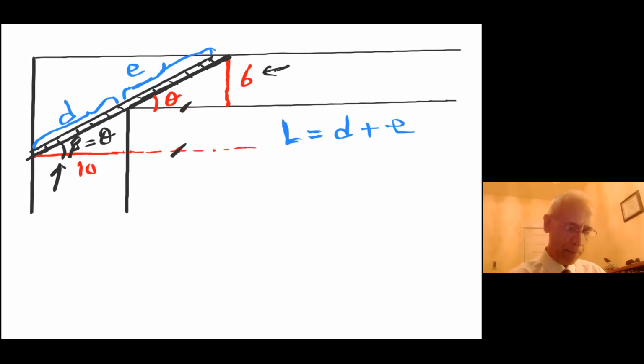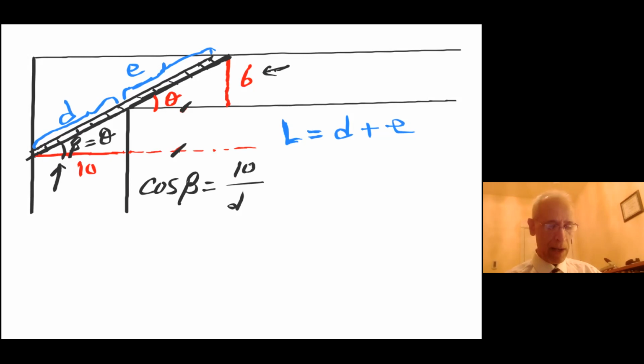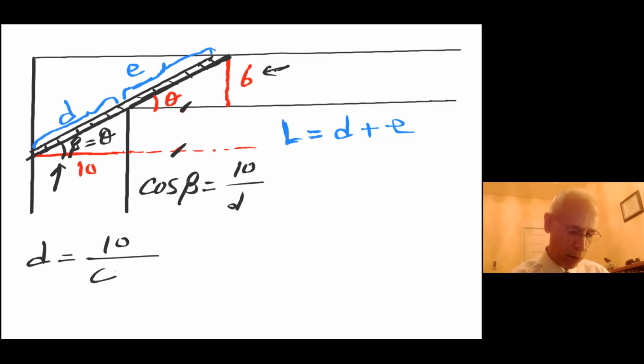For angle beta, I can claim that cosine of beta equals side adjacent 10 over D. And from that, D equals 10 divided by cosine of beta.